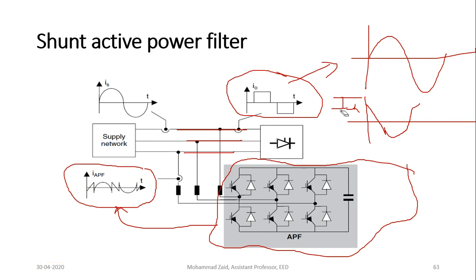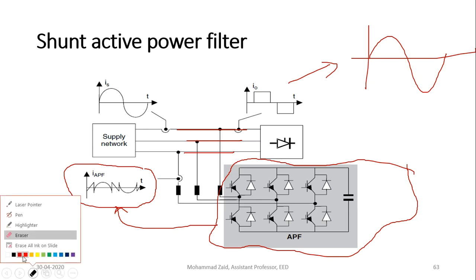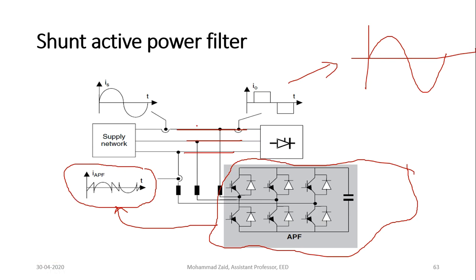So whatever opposite of this current is possible will be the current of the harmonics. For example, this is IS, and this is the harmonic current, and this is the current going to the load. So the load will have two parts, IF plus some harmonic current, IH.